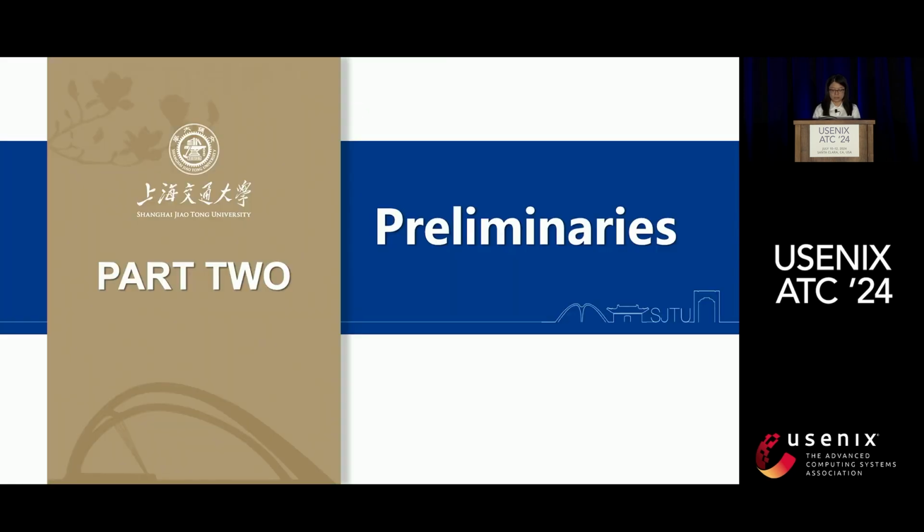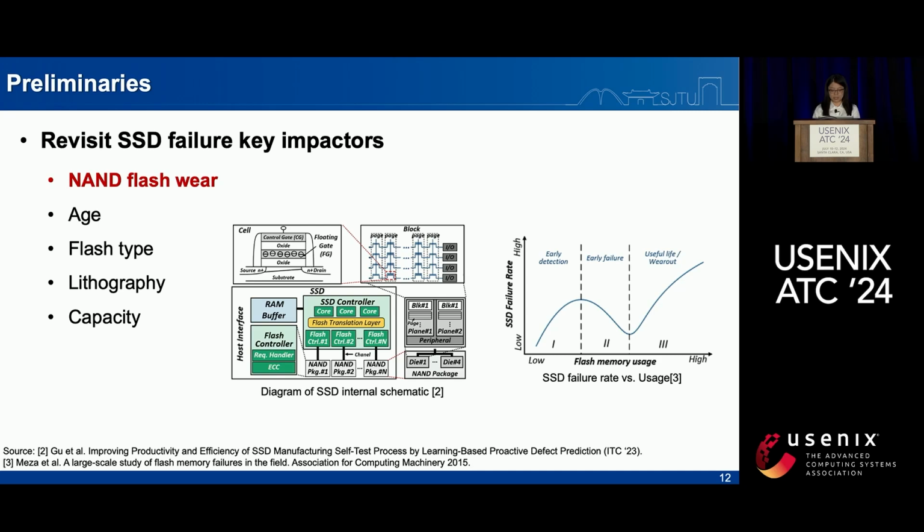Next, we'll introduce the preliminaries. Let's revisit the SSD failure key impactors. The figure on the right shows the internal structure of an SSD. We can see that NAND flash serves as the storage media for the SSD, which is the root cause of SSD failure.